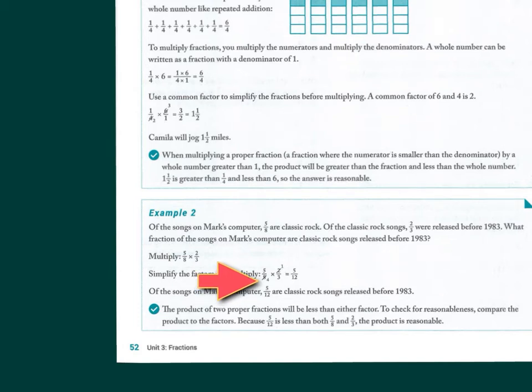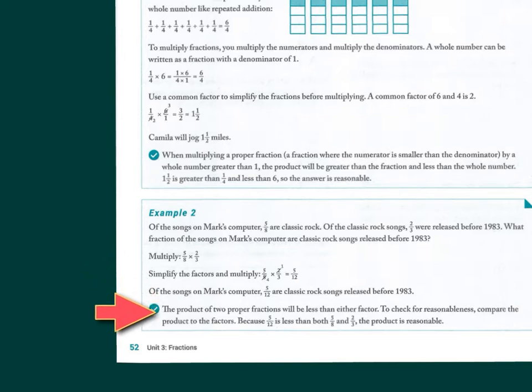And so that's where we're getting our simplifying. So then we just multiply 5 times 1 is 5, and 4 times 3 is 12. Of the songs on Mark's computer, 5/12 are classic rock songs released before 1983.